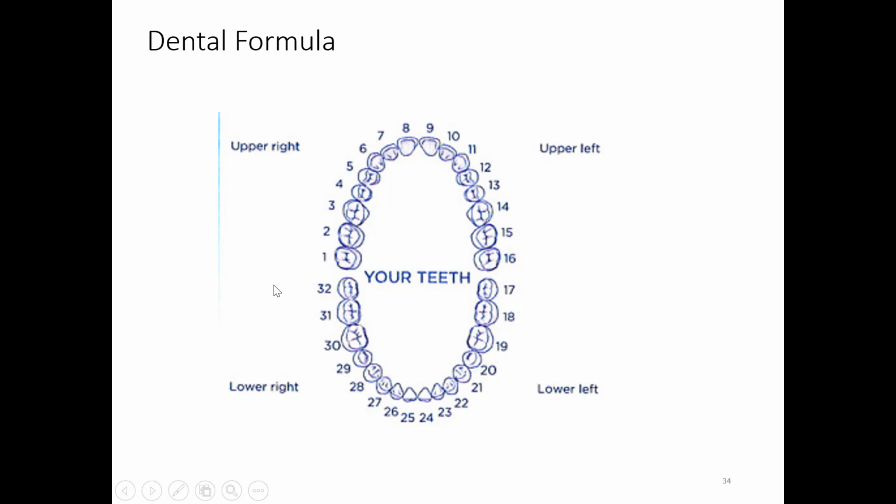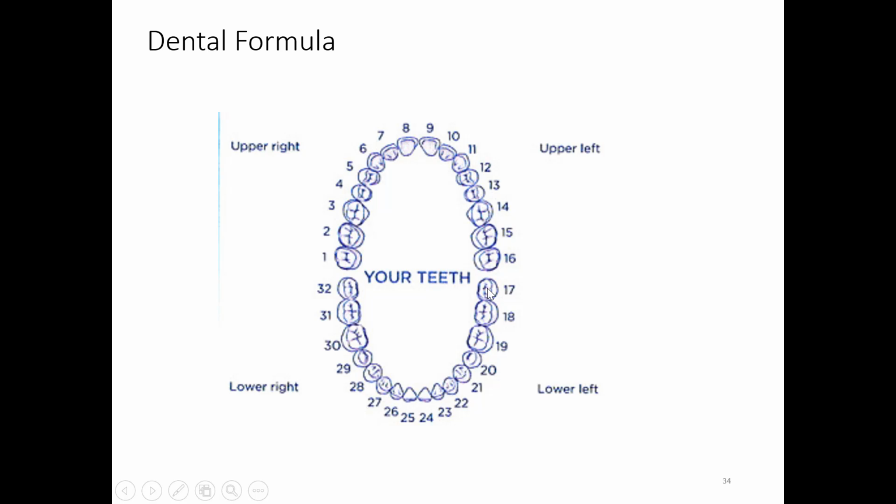A dental formula. When your dentist examines your oral cavity and makes records, he gives numbers to all the teeth, and he starts counting from upper right. If you go to your upper jaw, maxilla, and start from the right side and start counting your teeth from upper right to upper left, those would be numbers 1 through 16.